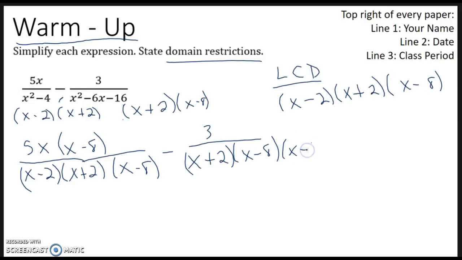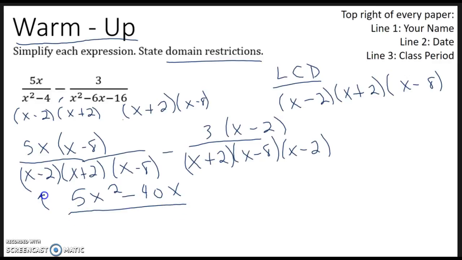So what I do to the denominator, I have to do to the numerator. I need to distribute before I can subtract, so I've got 5x squared minus 40x, still all over that whole giant denominator, and then minus 3x minus 6, all over that whole giant denominator.